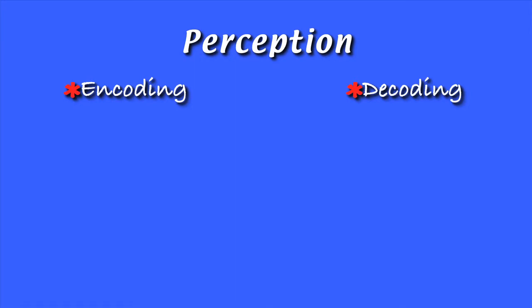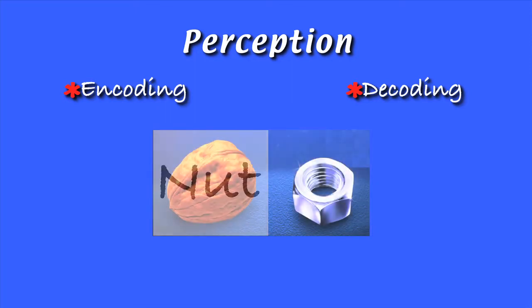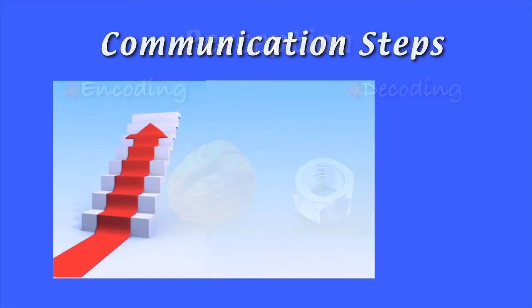Example: if I encode the word nut, what is your perception? Since I was a mechanical engineer for 39 years, you may have thought that the word meant one thing, yet I meant another. Who's right? Both. What kind of communication took place? None.